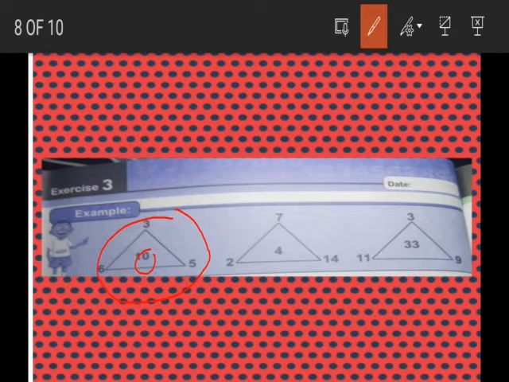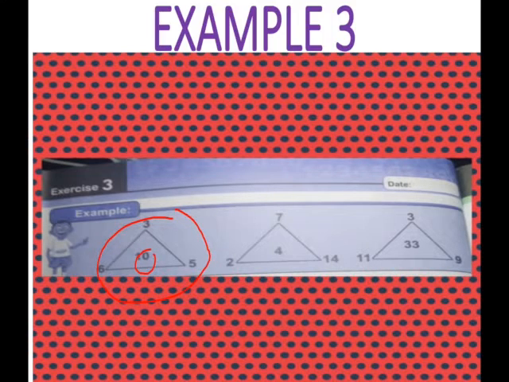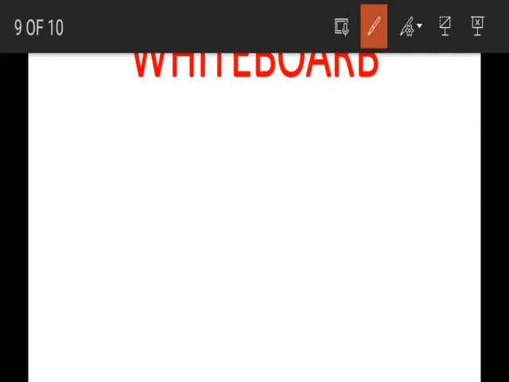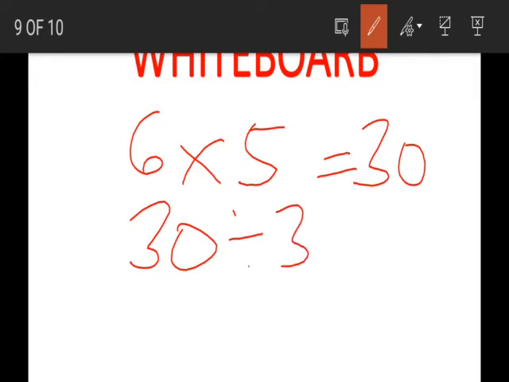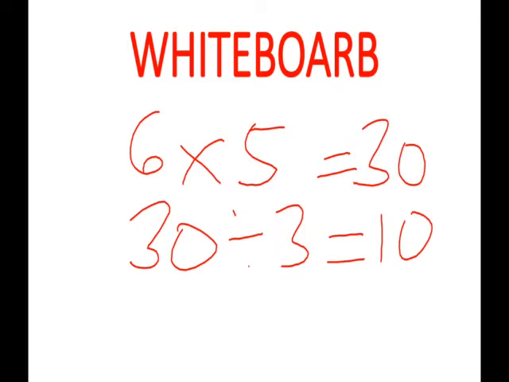How can you get your 10? This is what you do to get your 10. 6 times 5 will give you 30. Then 30 divided by 3 will give you 10. That is it. Hope you got it.